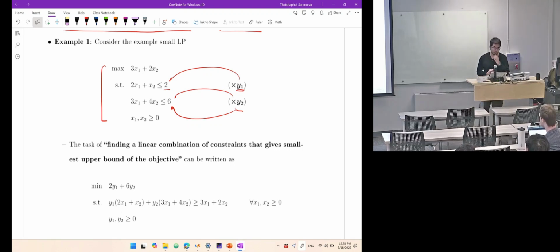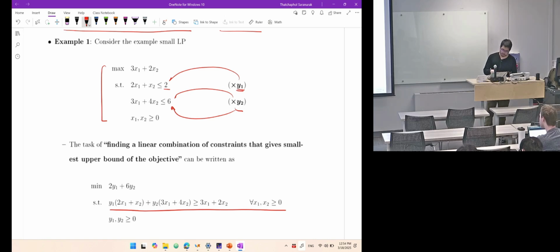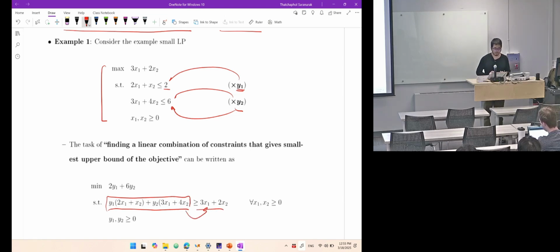Is it okay that the constraint we have is one line, or do we need 2 constraints? Right now I just have this, but we're going to derive 2 constraints. But basically, you agree that we want to find y such that when you multiply y, it dominates the objective here. That's what we want.